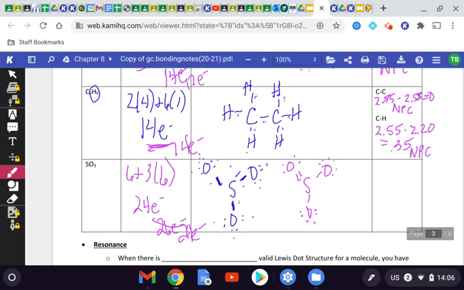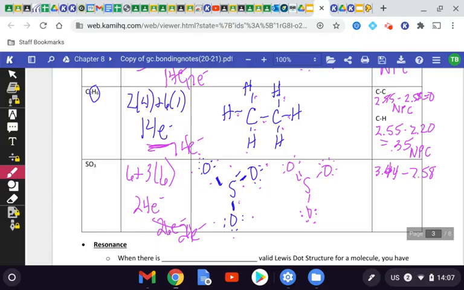All right, last thing here, we would go and do our bond type. So 3.04 minus for sulfur. Oh, just kidding. This is 3.44. Sulfur is 2.58. So 3.44 minus 2.58.